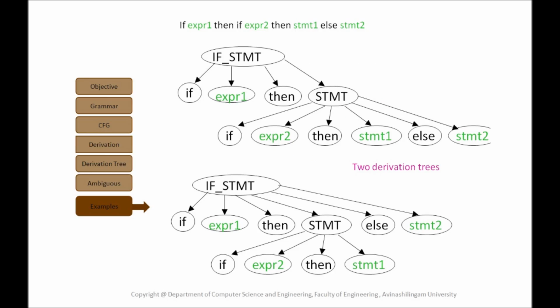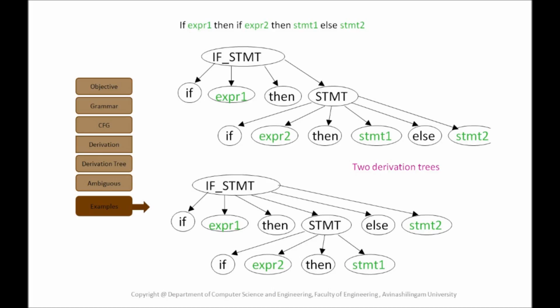Here we have to derive the string if expression 1 then if expression 2 then statement 1 else statement 2. That is, if both the expressions are true, it executes statement 1. If expression 2 fails, it executes statement 2.